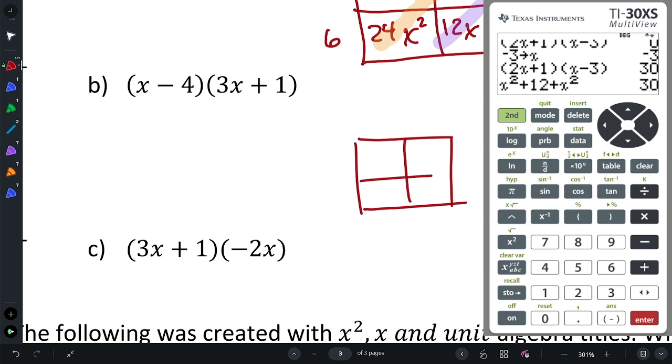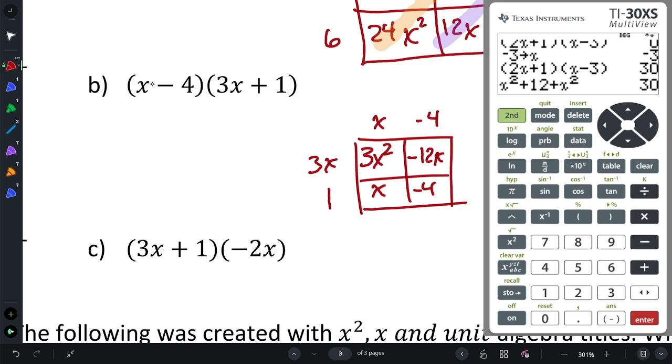So let's see. I got an x, I got a negative 4. I'm going to be multiplying that by 3x and then 1. If I fill in the parts here, I've got 3x to the second power. Below that, I've got an x. Next column over, I've got negative 12x. And then below that, I have a negative 4.